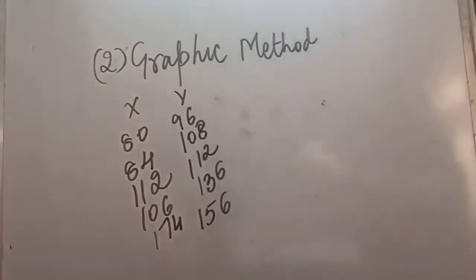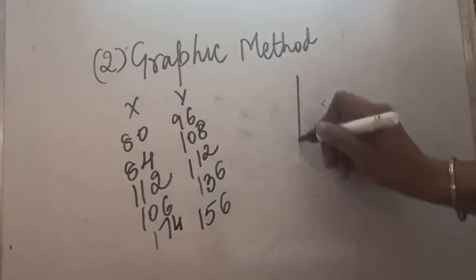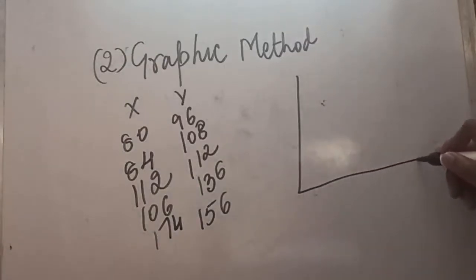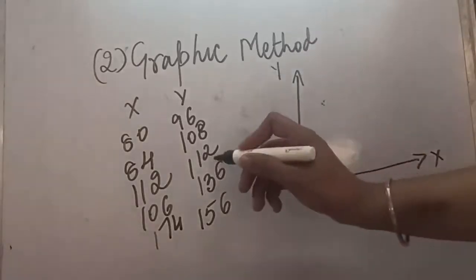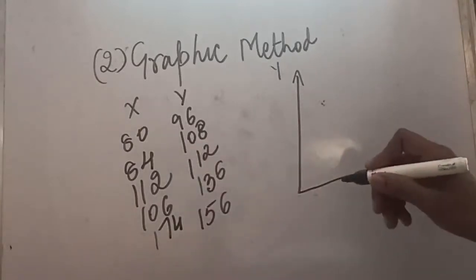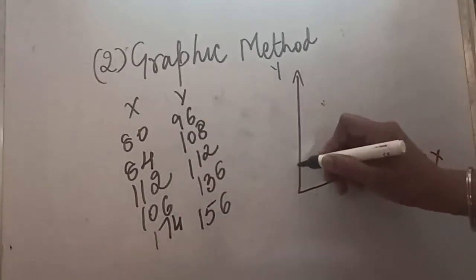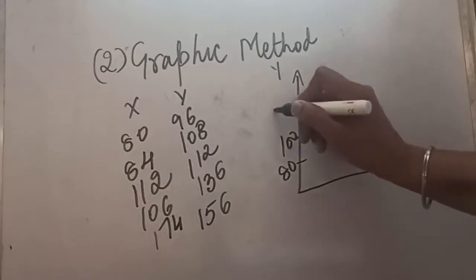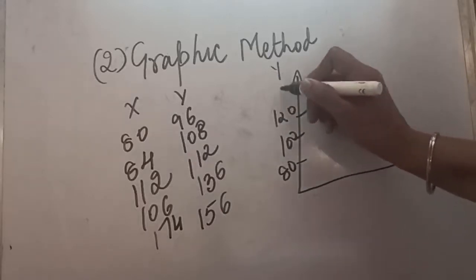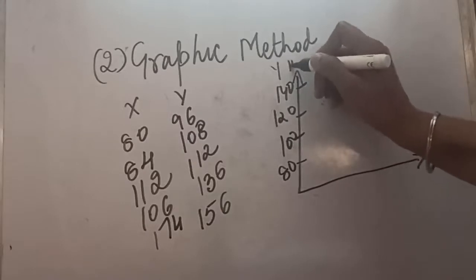This is just an example. So now you have to plot these points on the graph. You will put X here and Y here, and we will put these points on the graph. For X, you have to start from 80. I'll take the values here to be 80, 100, 120, 140, 160.